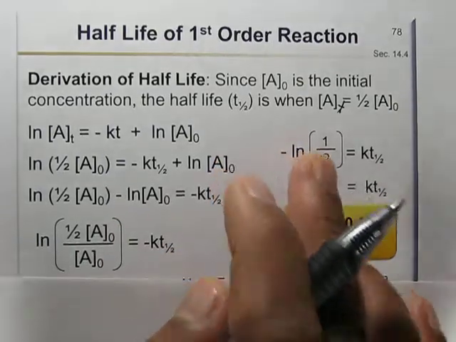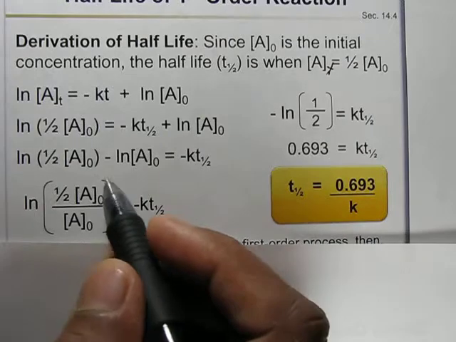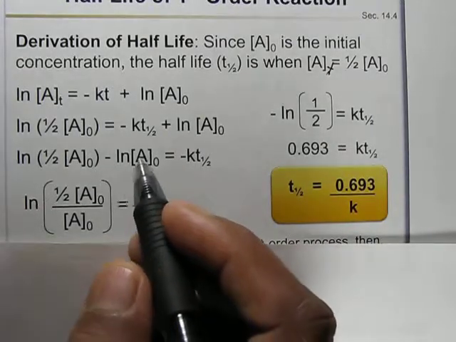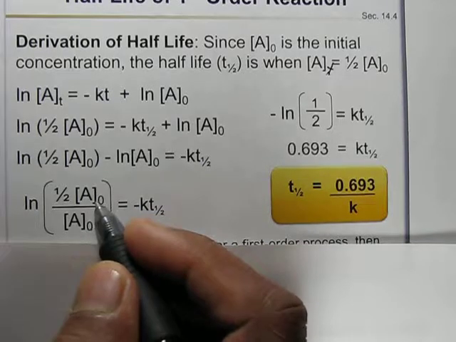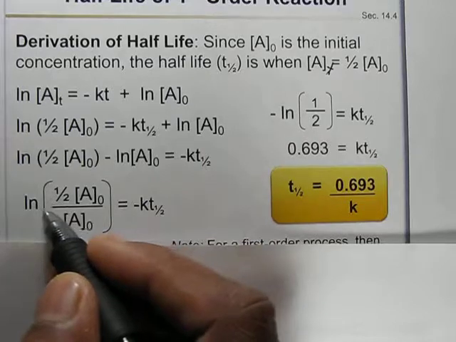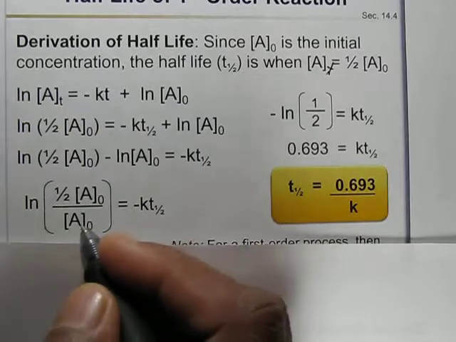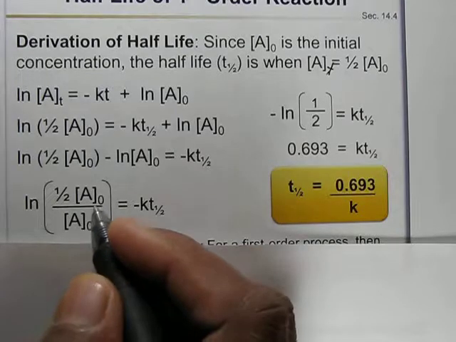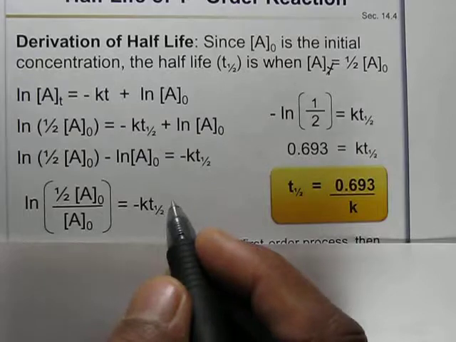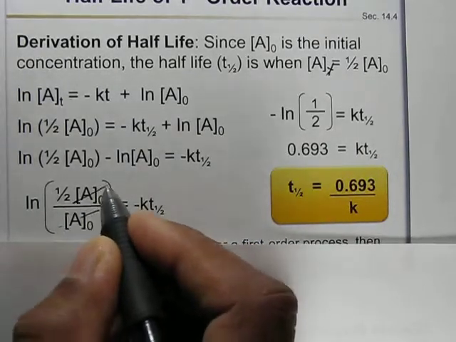If you remember the math for logs, when we subtract two log values, we can divide them. So we can also write this equation as natural log of half of the initial concentration divided by A0, or initial concentration, equals negative k t half on the other side, where A0 and A0 we can cancel.